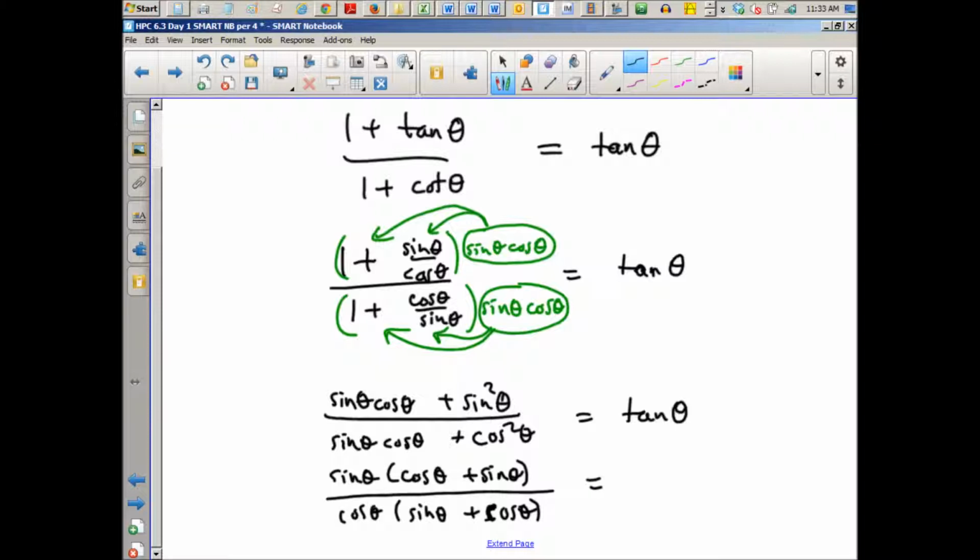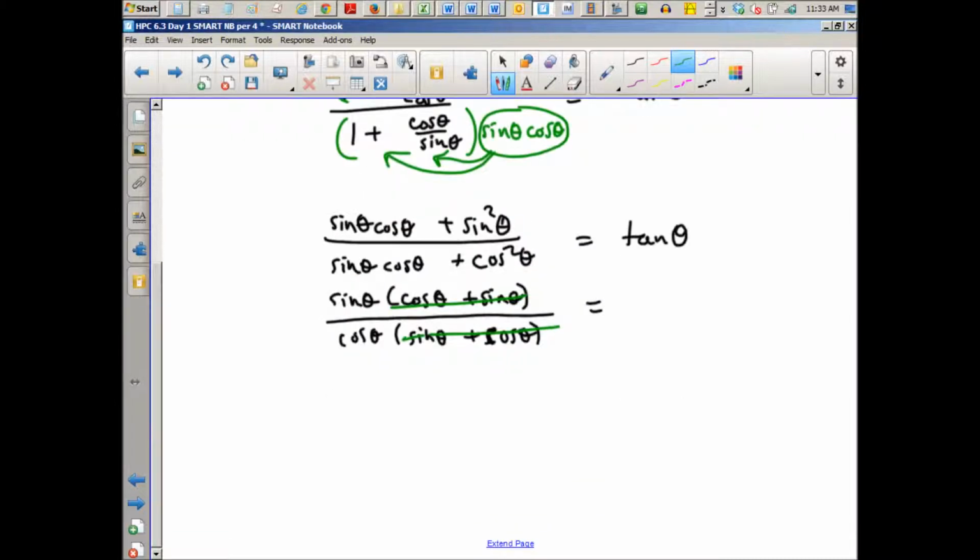And now we have a very legitimate and legal cancellation. Cosine theta plus sine theta divided by sine theta plus cosine theta, that's 1. So this proof ends with us actually writing tan theta equals tan theta. Okay? And if you want to write one more thing, you might want to write this, QED.